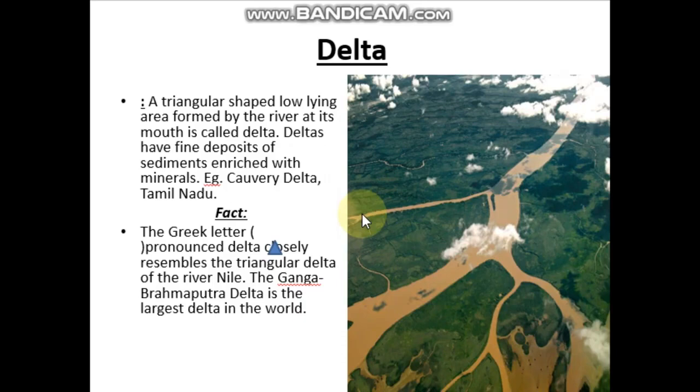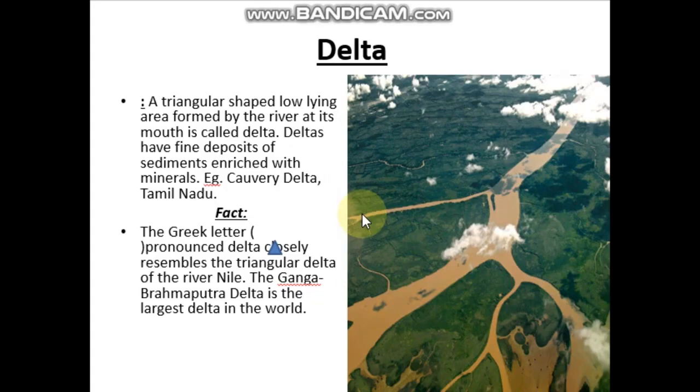Example, Kaveri Delta, which is in Tamil Nadu. The Greek letter pronounced delta closely resembles the triangular delta of the river Nile. The Ganga Brahmaputra delta is the largest delta in the world. So, which is the largest delta in the world? The Ganga Brahmaputra delta.